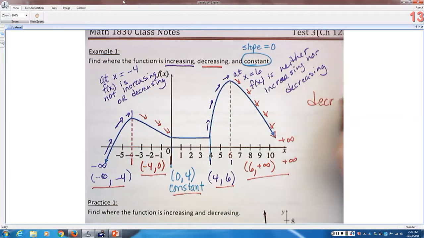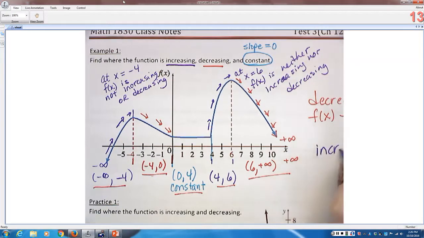Decreasing f of x is the same as f prime of x is less than 0, or negative. Whereas increasing f of x is indicating to you that f prime of x is greater than 0, or positive.